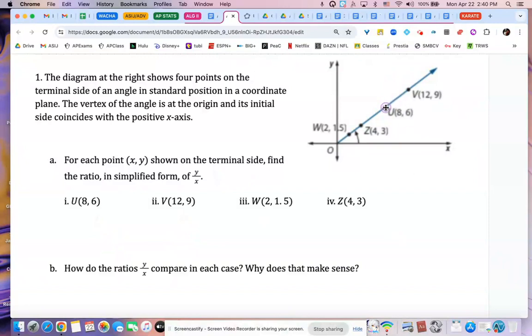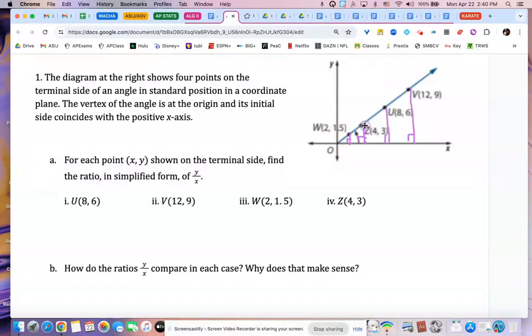If you look at the terminal side of this angle, if I were to drop all of these vertical lines down and make right triangles out of them, right? If I make a right triangle and another right triangle and another right triangle and a little teeny right triangle, it doesn't matter how small or how big your triangle is, right?